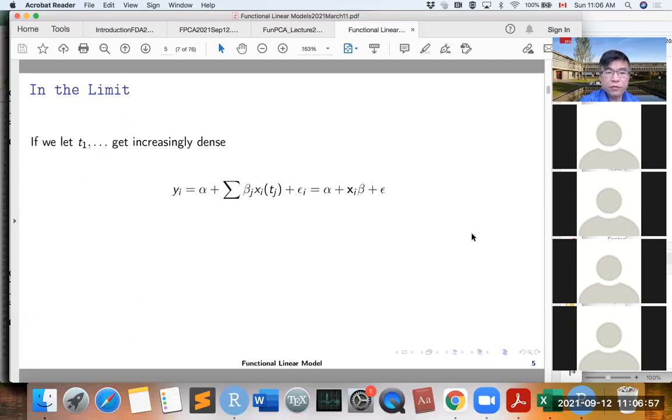If we increase the number of time points continuously and make them very dense, then this summation will become an integral. The summation of beta j times xi(tj) will become the integral of beta(t) times xi(t) dt.